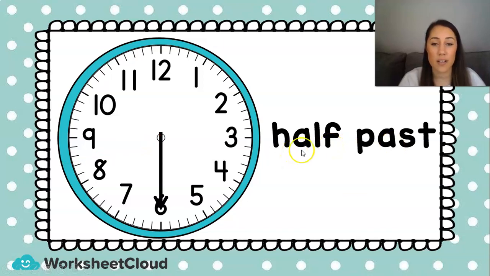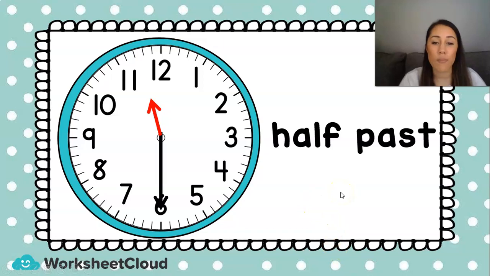Let's look at the next one. Our long hand is still on the 6, it is still half past, and we look at the short hand, which is now between the 4 and the 5. And we always look at the smaller number, so it is half past 4. Our long hand is still on the 6, and the short hand is between the 11 and the 12.